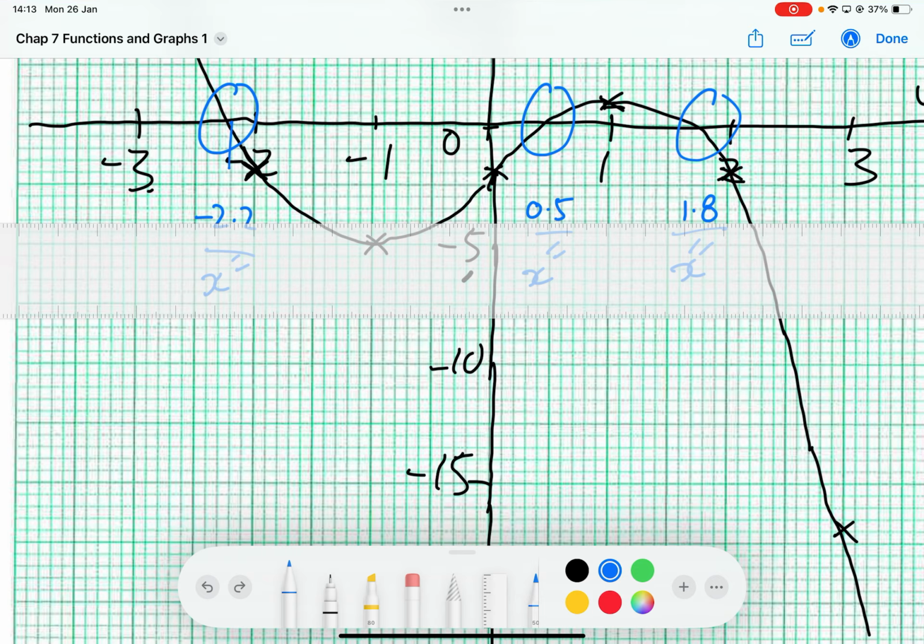Then I draw a dotted line. Okay? So this dotted line that I draw is y equals negative 4.